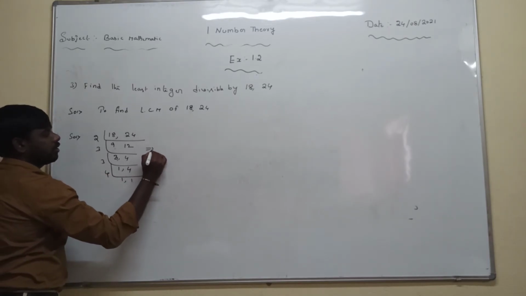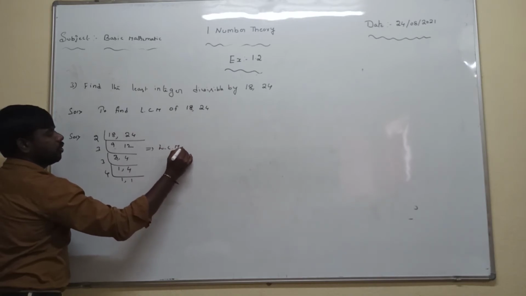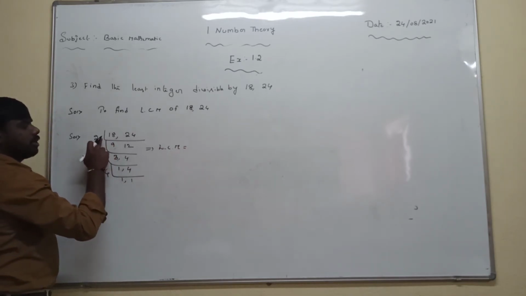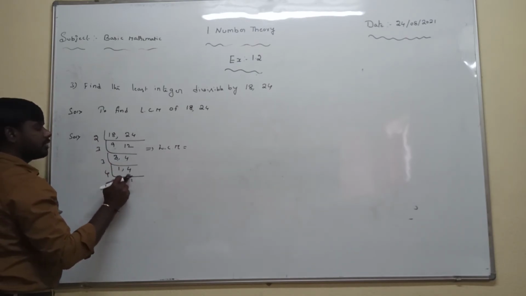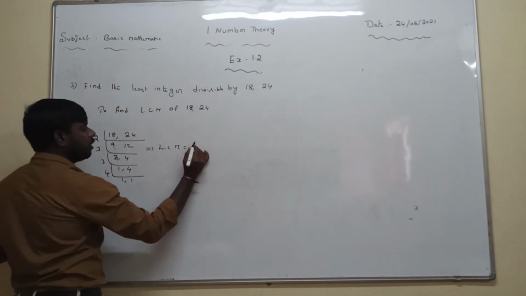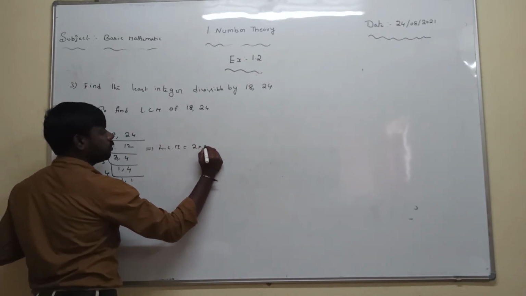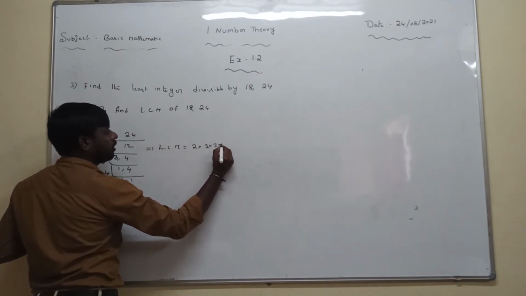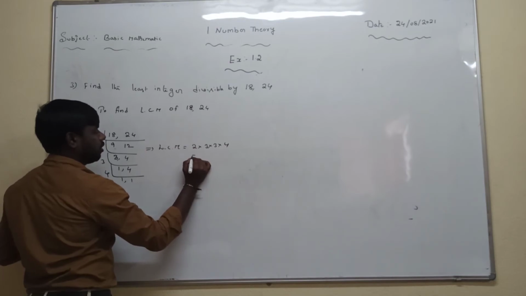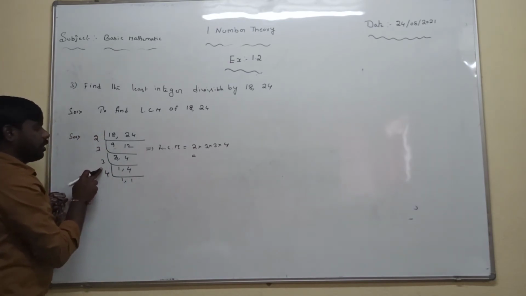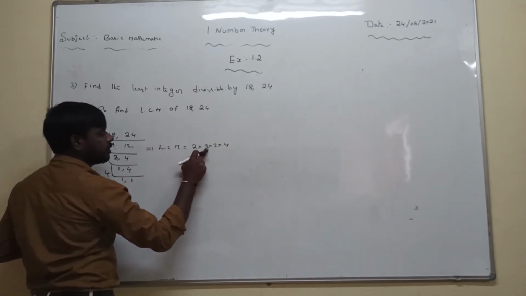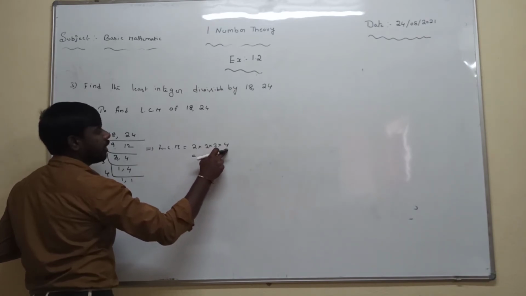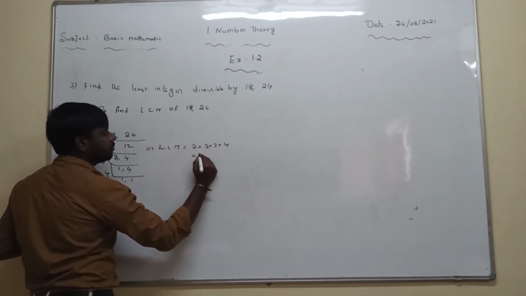Now divide all the numbers by a common prime number until the remainder is 1. Then LCM is equal to the product of all the divisors. Now 2 into 3 into 3 into 4. 2 3s are 6, 6 3s are 18, 18 4s are 72.